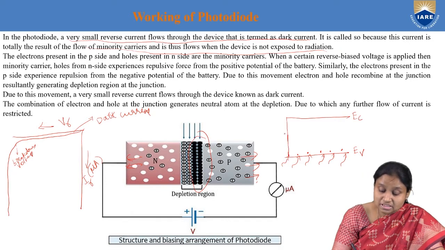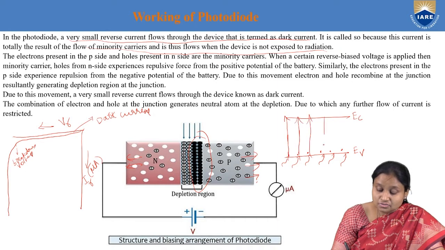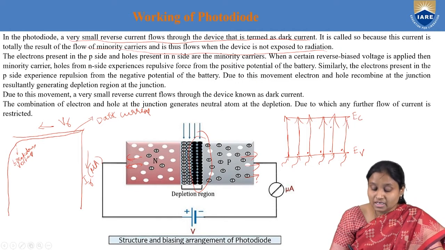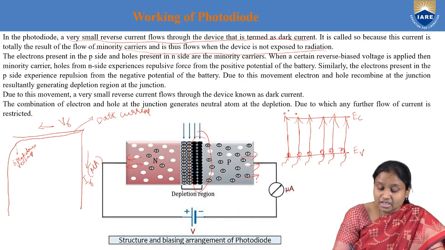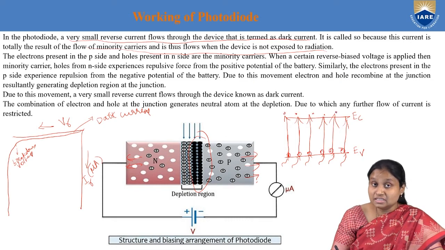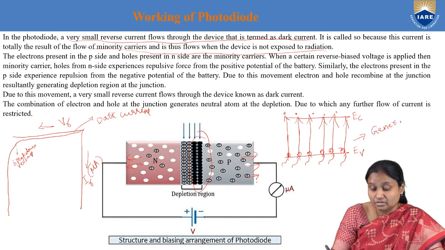Then what happens to these electrons? They get excited to the conduction band. Once they get excited to the conduction band, holes are generated in the valence band, and you have free electrons in the conduction band. This phenomenon is called generation of electron hole pairs.